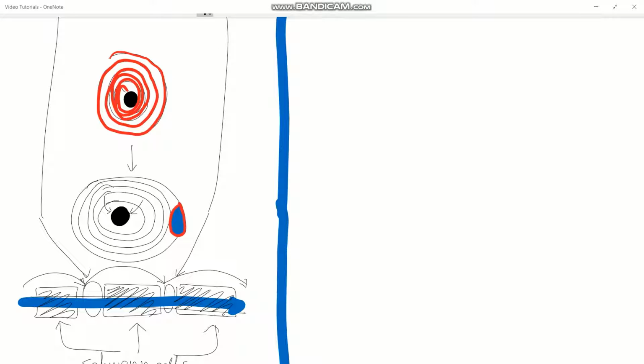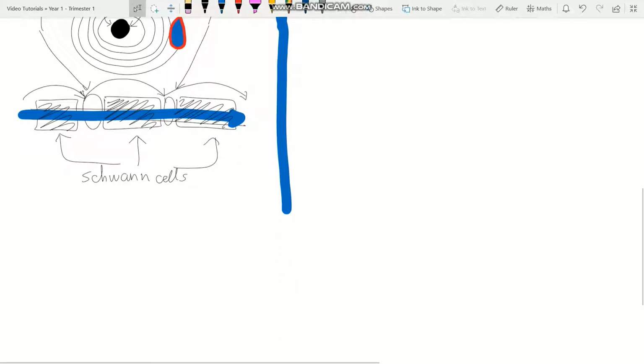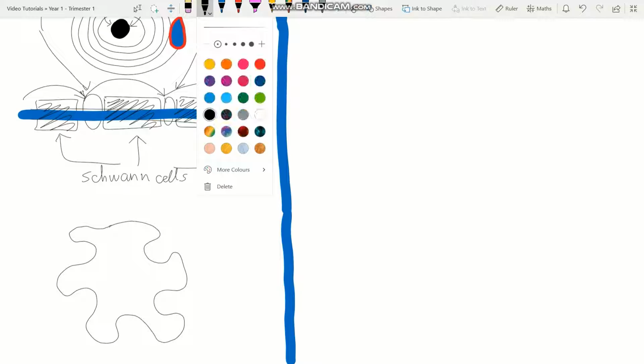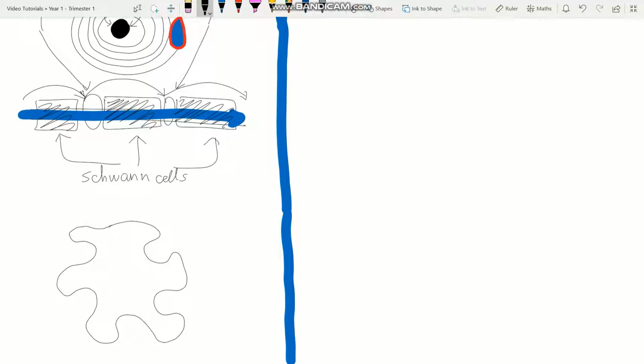What I forgot to mention is that in the case of unmyelinated axons, there is actually a single Schwann cell that is able to envelop many axons at once. So, if we have a Schwann cell that is structured like this, essentially, instead of it covering one axon at once, it'll cover many axonal bodies.